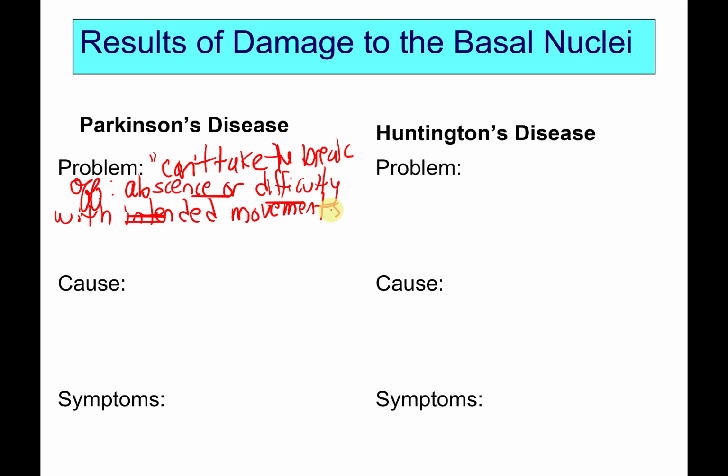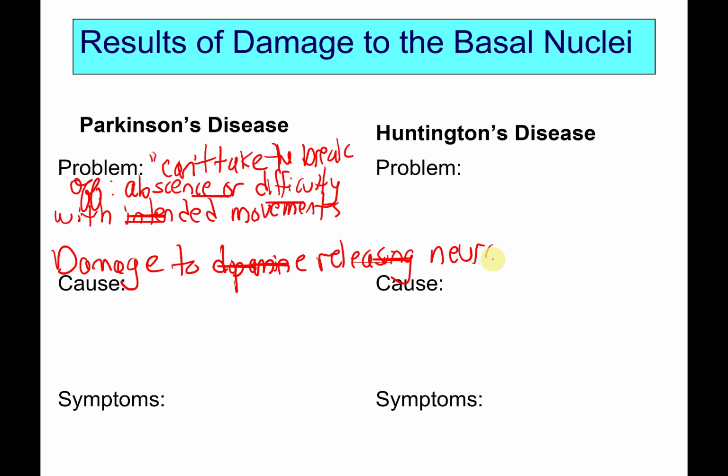And these connecting neurons release dopamine, which is a neurotransmitter that helps potentiate the action potential to the basal nuclei. So the cause is, again, damage to these dopamine-releasing neurons that interact with the basal nuclei.